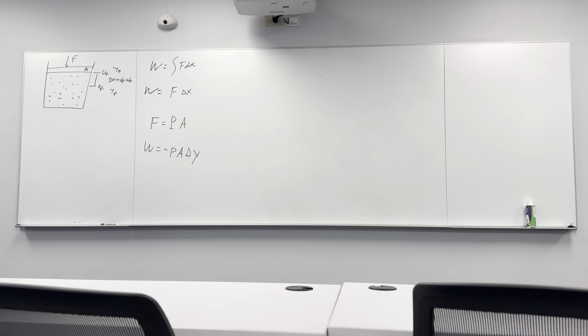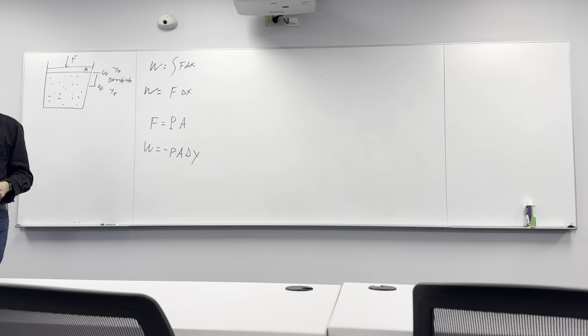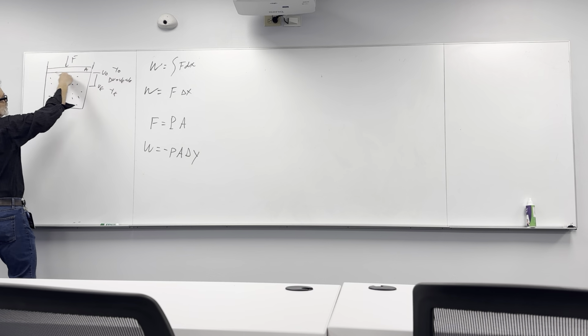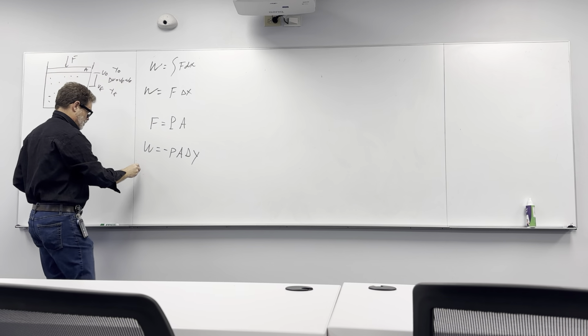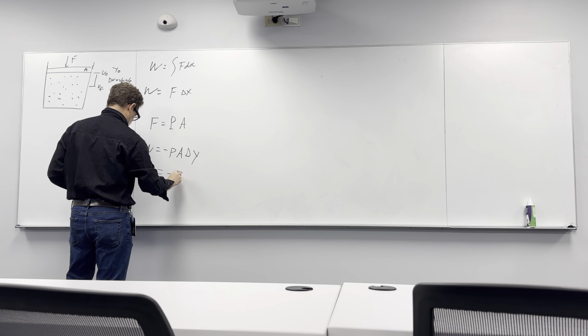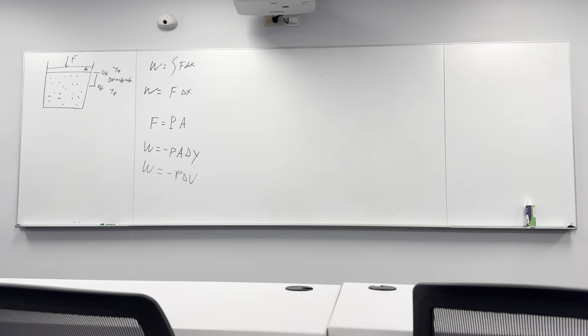Does that make sense? Now it's A times delta Y. That's the area of the cylinder times the height change, which gives me delta V. So that's the work I do on the gas when I compress it: minus pressure times the volume change.